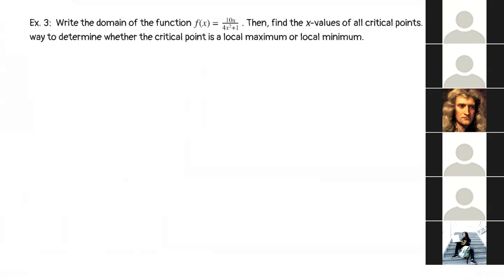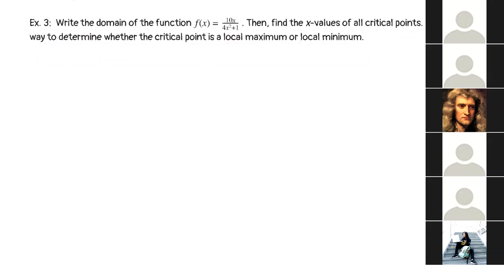It says, write the domain of the function. Then find the x values of all critical points. After we do that, we're going to do some thinking to come up with one way to determine whether a critical point is a maximum or a minimum.